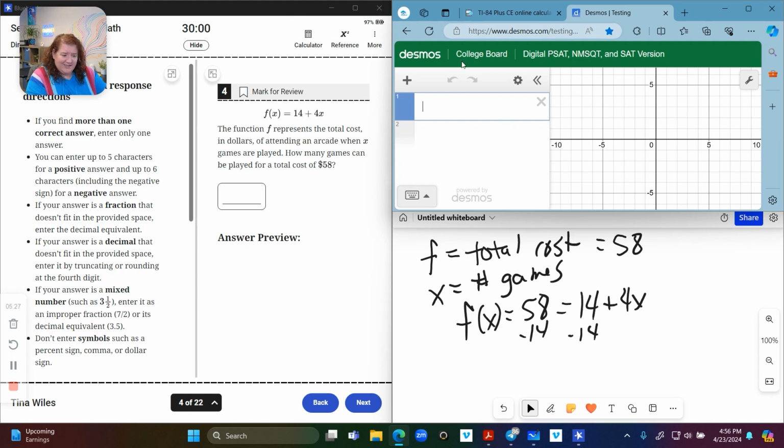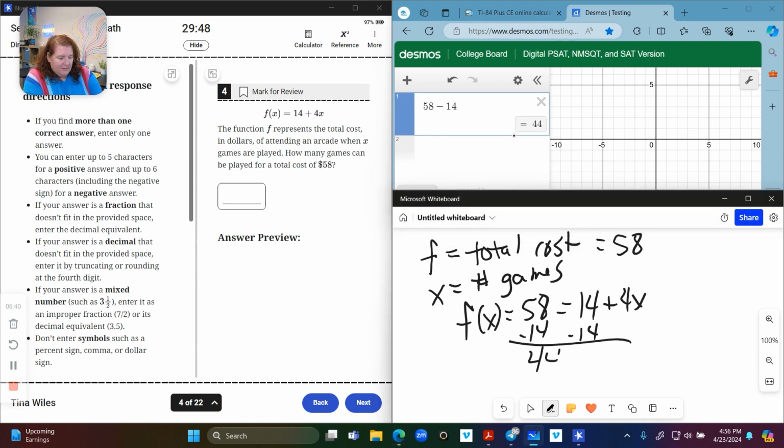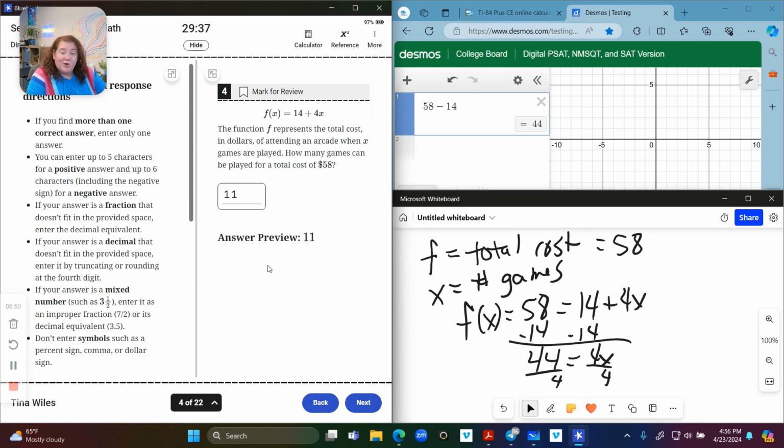It's the exact same one, it just shows up a little bit nicer this way. So 58 minus 14 is 44. So 44 equals 4x. I would divide both by 4, and I get that x equals 11. So 11 is your answer.